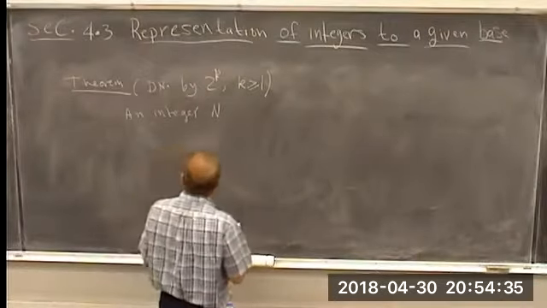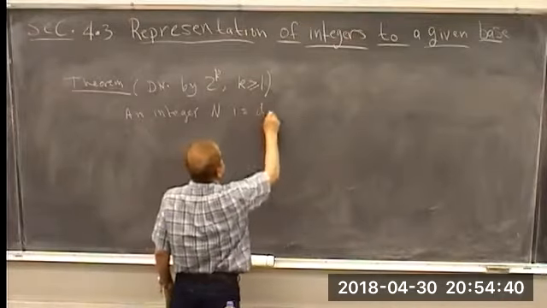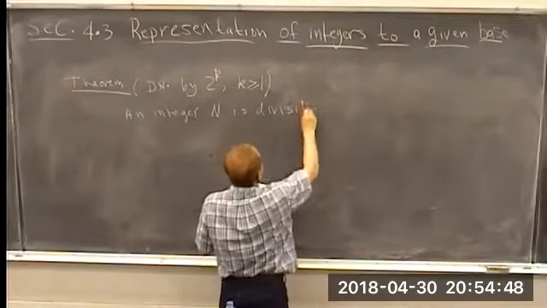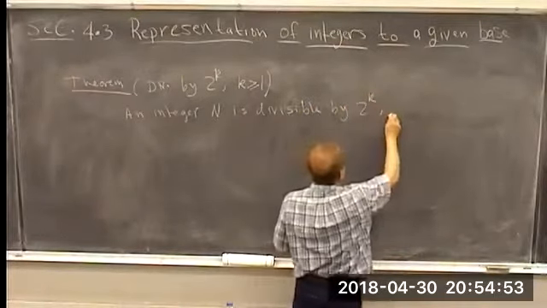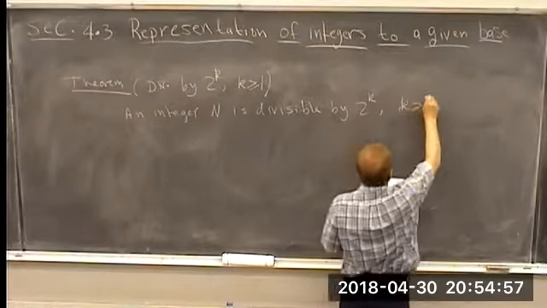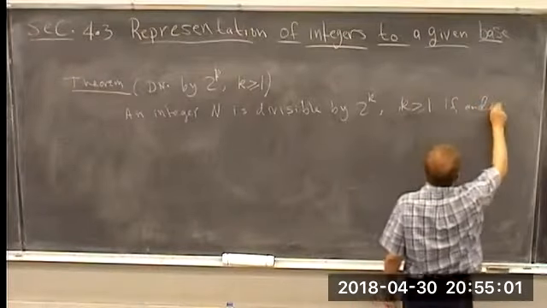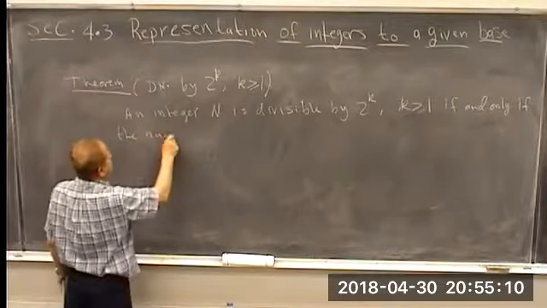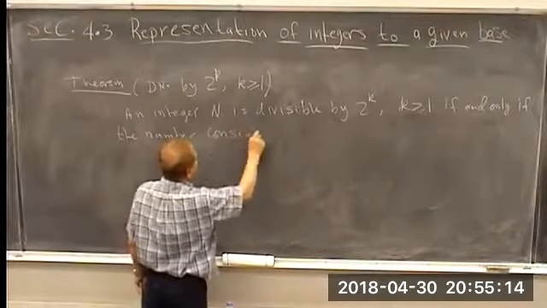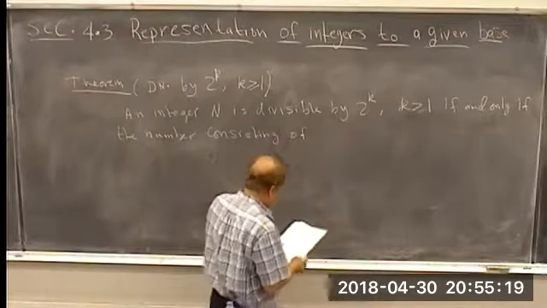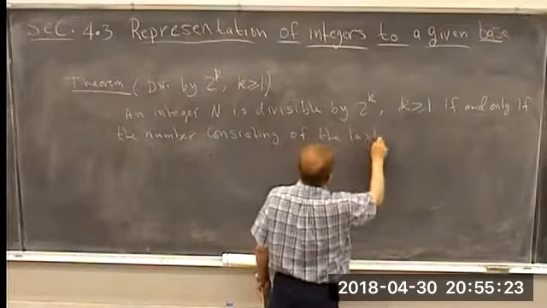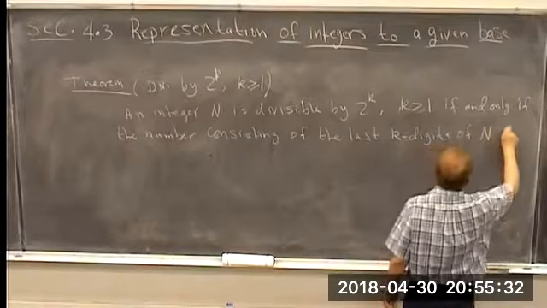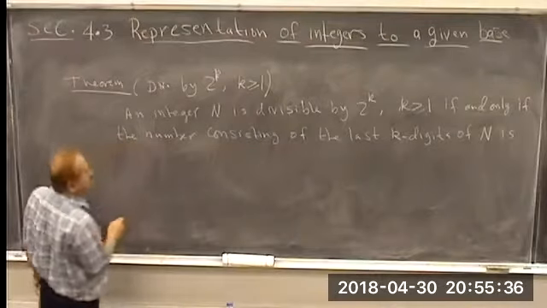All right. So we have: an integer n is divisible by 2 to the k for k bigger than or equal to 1 if and only if the number consisting of the last k digits of n is divisible by 2 to the k.